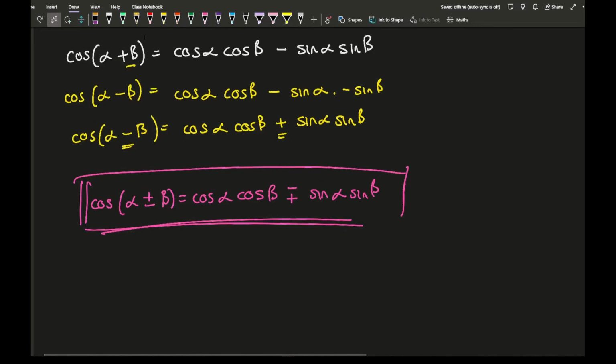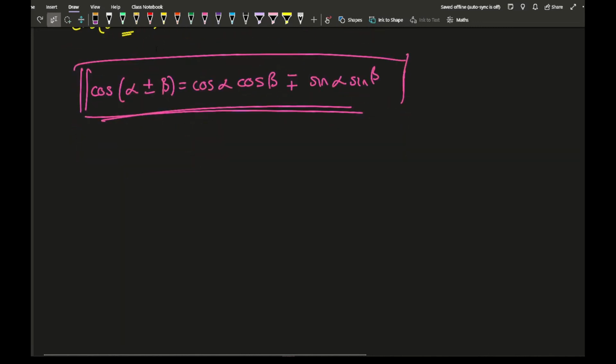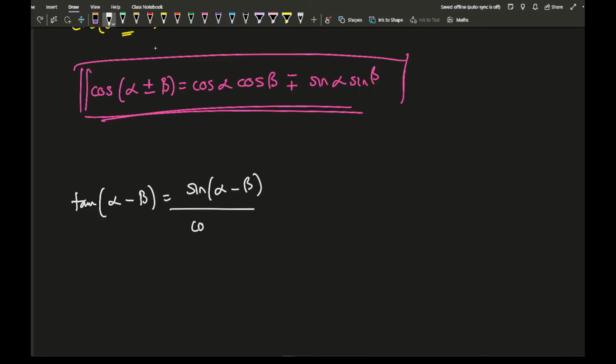Now when it comes to tan, again, what I'm going to do is look at tan alpha minus beta, and what that's going to prove is sine alpha minus beta over cos alpha minus beta.